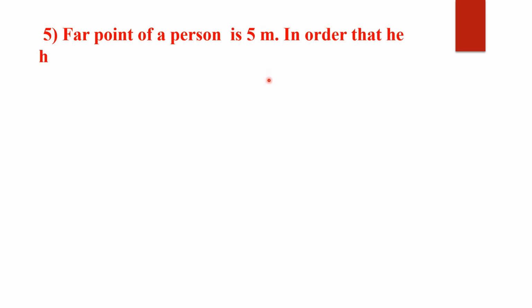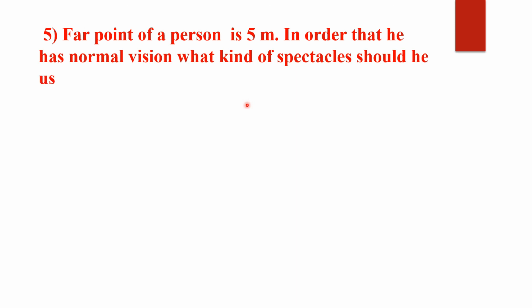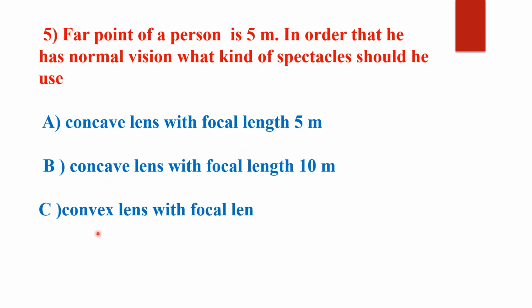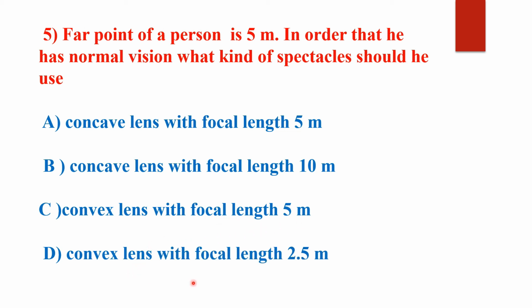Next, the far point of a person is 5 meters. In order that he has normal vision, what kind of spectacle should he use? Concave lens with focal length 5 meters, concave lens with focal length 10 meters, convex lens with focal length 5 meters, convex lens with focal length 2.5 meters.